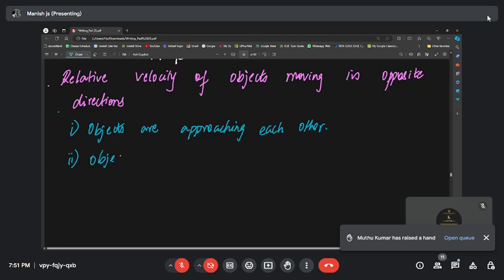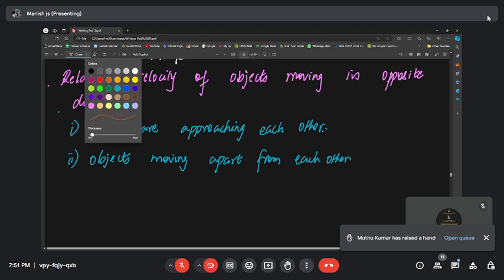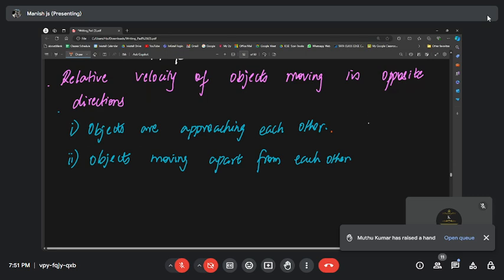Second is objects moving apart from each other. So these are two aspects where objects are moving in opposite directions. In the first case, they are approaching each other from opposite directions. So it is basically like this. This is approach, and this is moving apart.